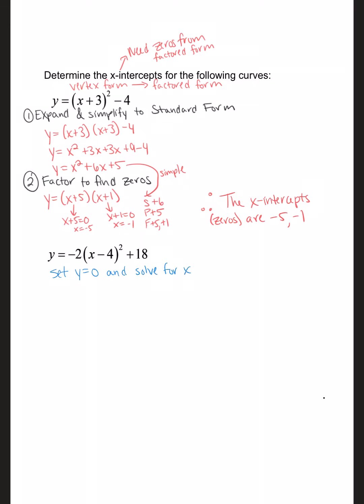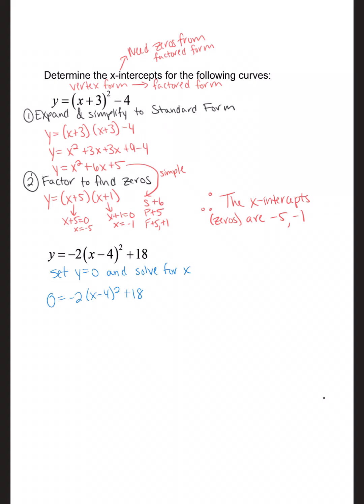The reason I like to show you both ways of doing this is because sometimes people aren't comfortable working with those square root signs when we get to our algebra. So if we set 0 in for our y, and then we just work to isolate x, I want to take you through what's going to happen here, making sure that we're moving things algebraically correctly.